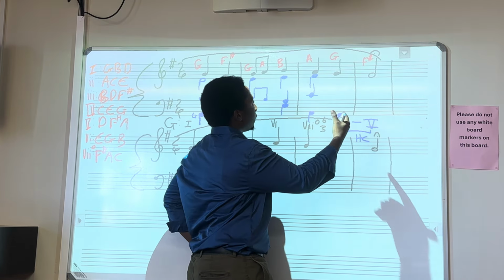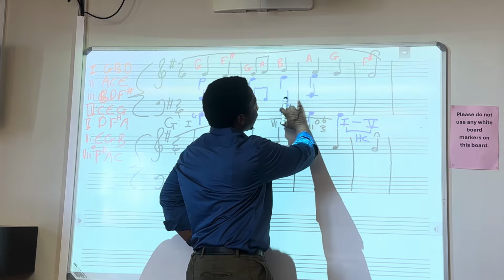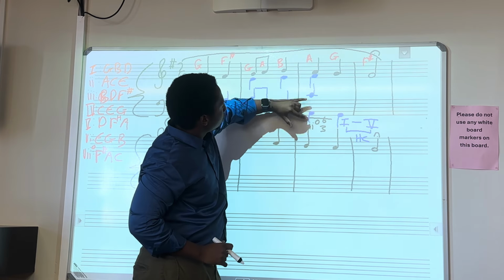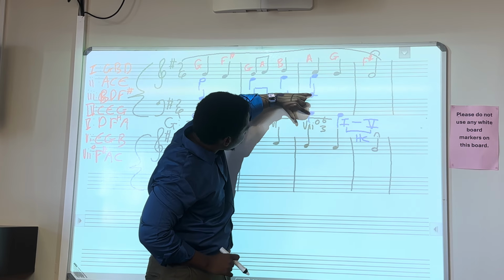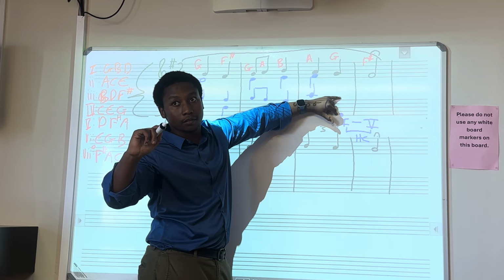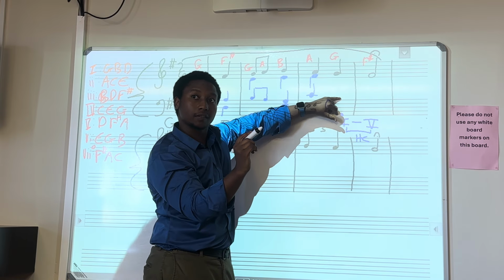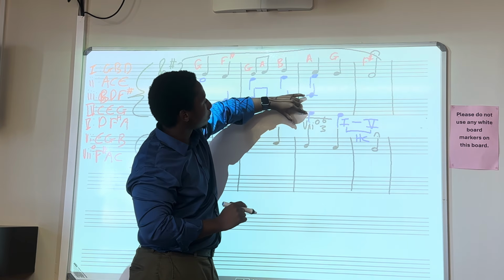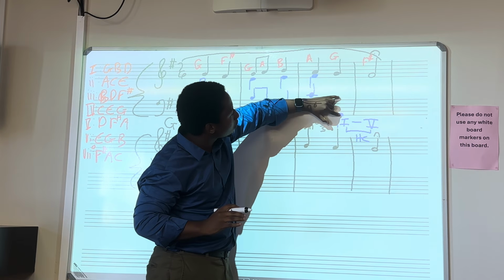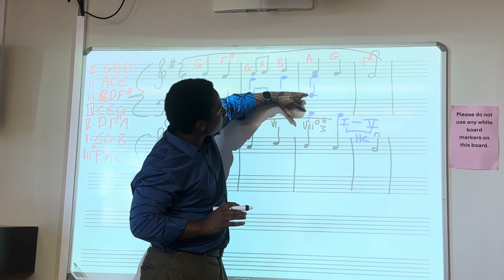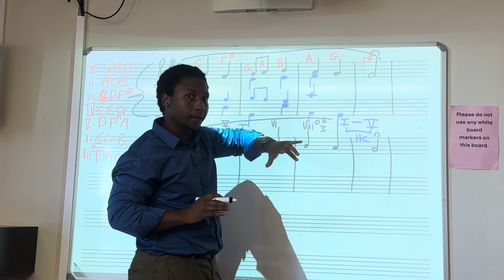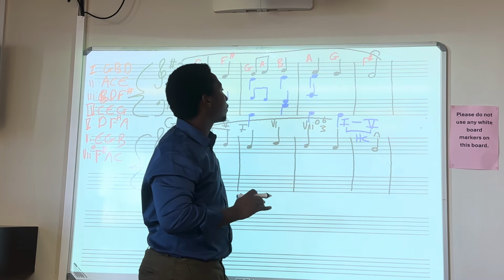Now I need B and D. If I take this C to B, it will move together down like this, but it's not moving in octaves, nor is it moving in fifths. This is a distance of a 10th. It's still fine.